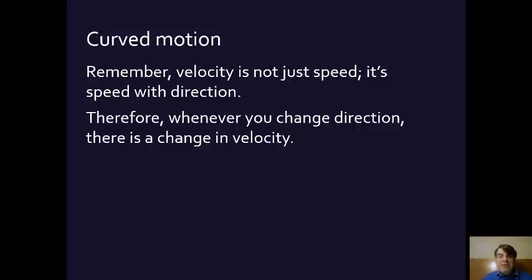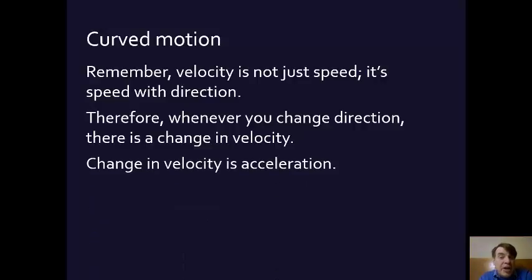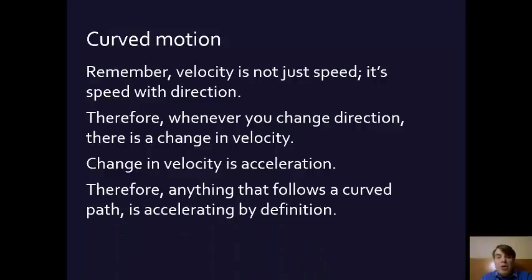If velocity, by definition, includes the matter of direction, then any time you change direction, then by definition, you are changing velocity. Now, what is a change in velocity? Well, by definition, a change of velocity is called acceleration. Therefore, anything that follows a curved path, because it is changing direction, is accelerating by definition. Again, read this PowerPoint slide again, or rewind it if you need to.